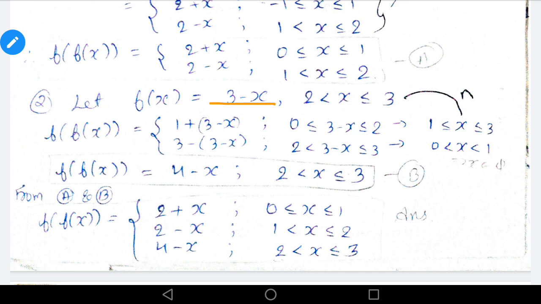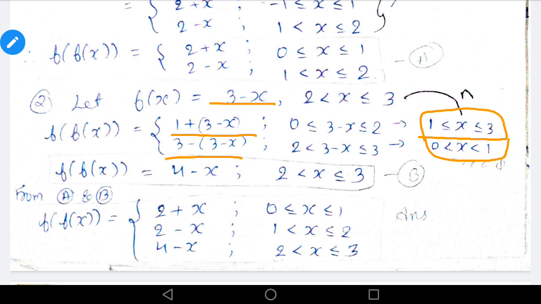Substitute the value in the equation, so we get 1 plus 3 minus x and 3 minus 3 minus x. Solving this, we get 4 minus x and x, and here also we solve, and we get 1 to 3 and x from 0 to 1.